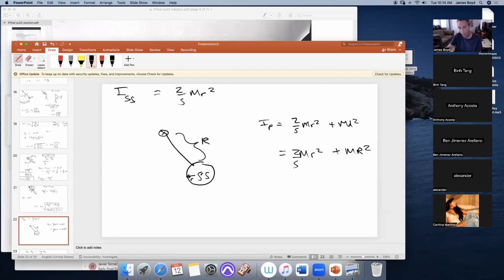And my radius of gyration goes from here to the center of the sphere, so also big R. And so the period is 2 pi times the square root of 2/5 m little r squared plus m big R squared over m g big R squared.